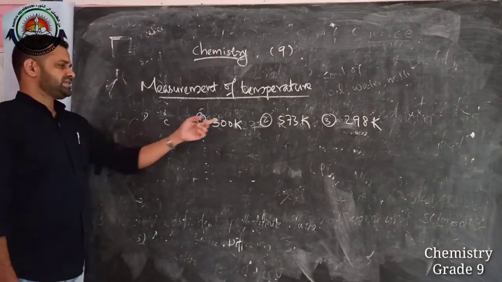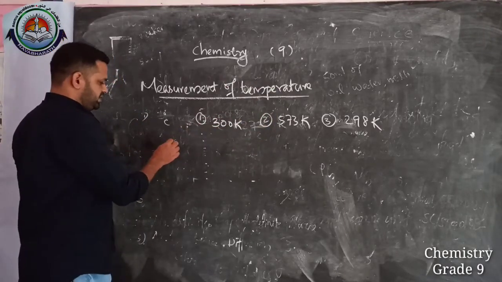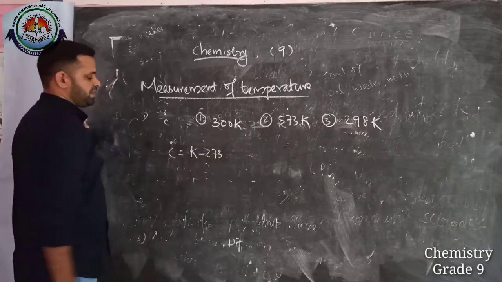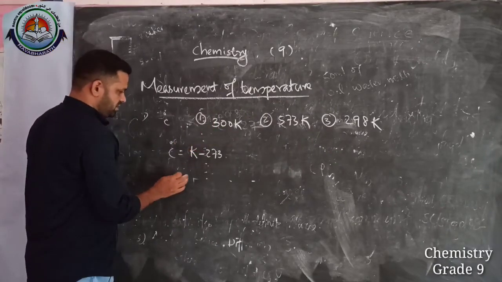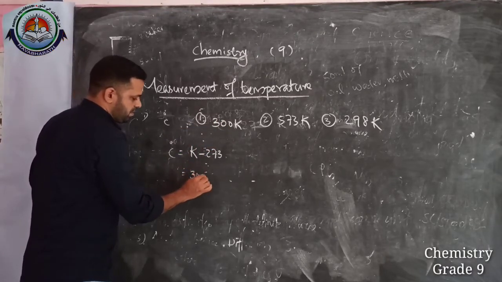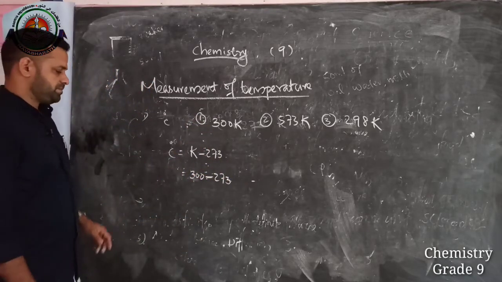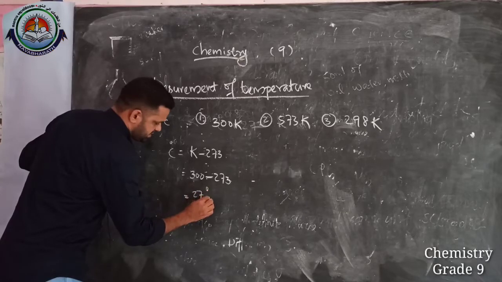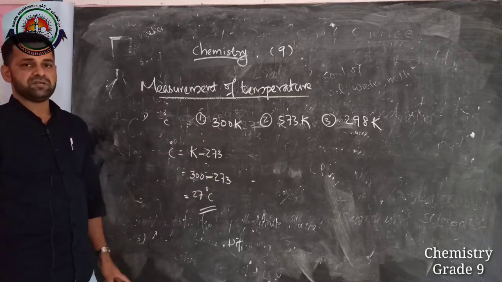We have studied that degree Celsius is equal to K minus 273. In order to convert 300 Kelvin into degree Celsius, we do 300 minus 273, which is equal to 27 degree Celsius. So, 300 Kelvin is equal to 27 degree Celsius.